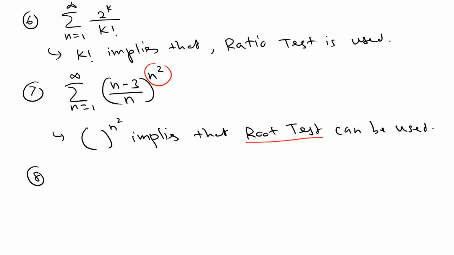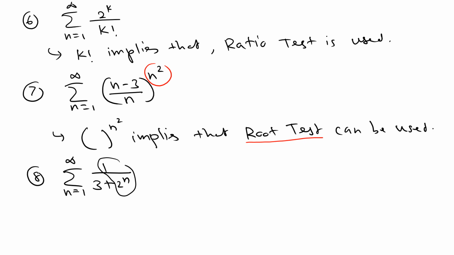And as the last one, let's say the sum of 1 over 3 plus 2 to the n, something like that, n going from 1 to infinity. So what can we do? You can see that 3 is just a constant. So the dominating term is 2 to the n.